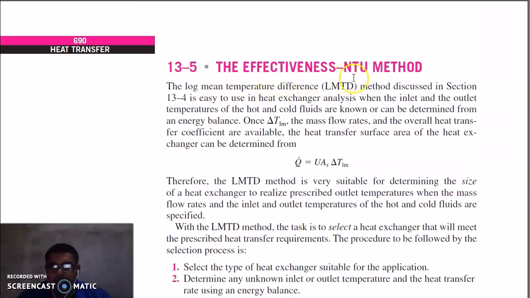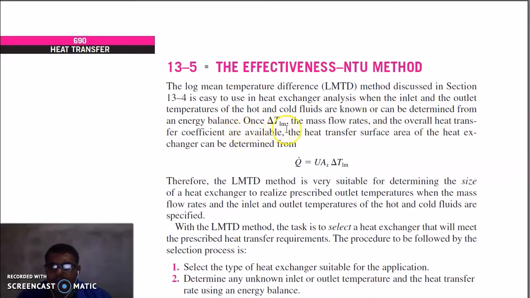The effectiveness NTU method, that is number of transfer units. The log mean temperature difference, LMTD, method discussed above is easy to use in heat exchanger analysis when the inlet and outlet temperatures of the hot and cold fluids are known or can be determined from energy balance.